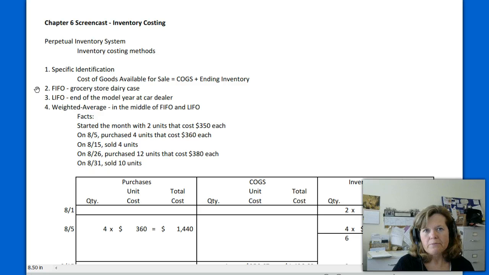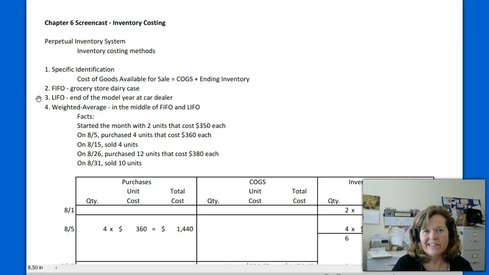If you're like me, you'll sometimes dig around behind those items and try to get something that has a newer date on it, so it'll last a little longer in your refrigerator. But the whole idea of the first item in being the first one sold is the FIFO method. So I think using the dairy case to remind you of how that works may be helpful.